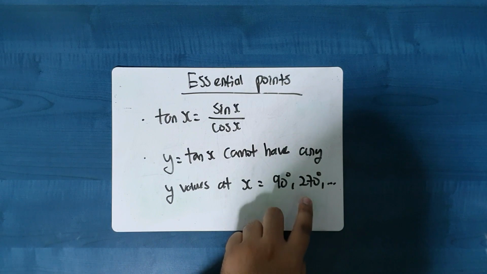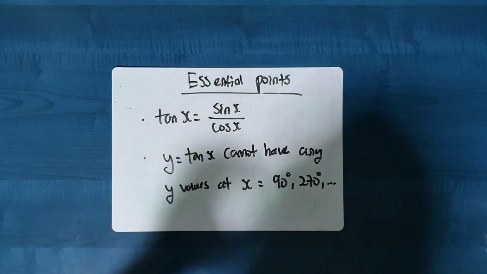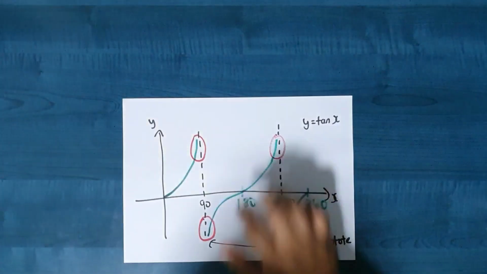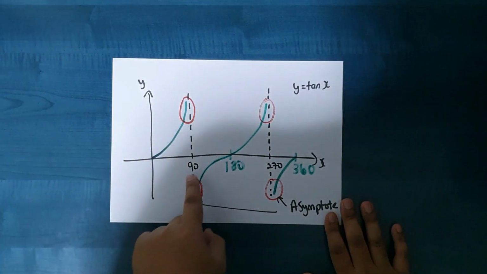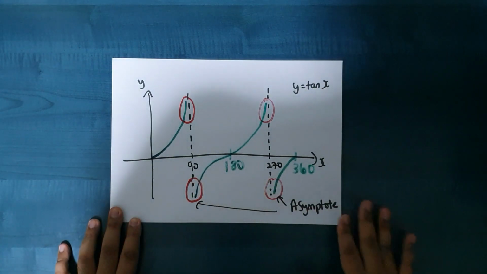These values of x are what make cosine x 0, which are not allowed for a fraction. And thus, we have this graph where the forbidden values of x, okay, are what is known as asymptotes.